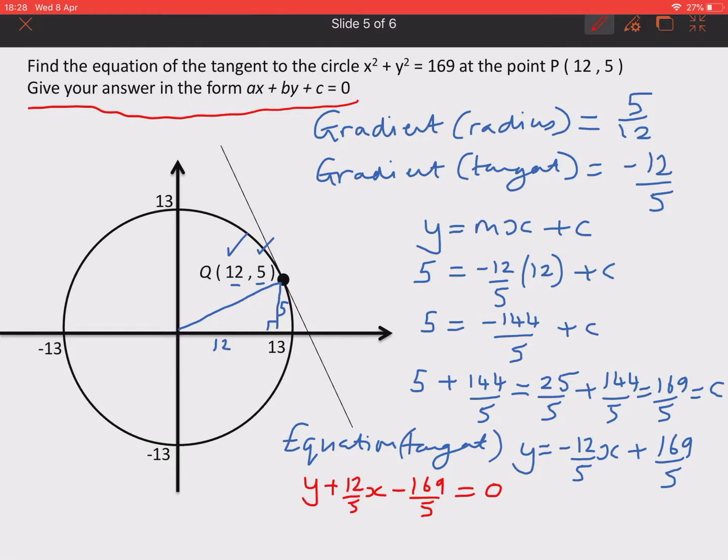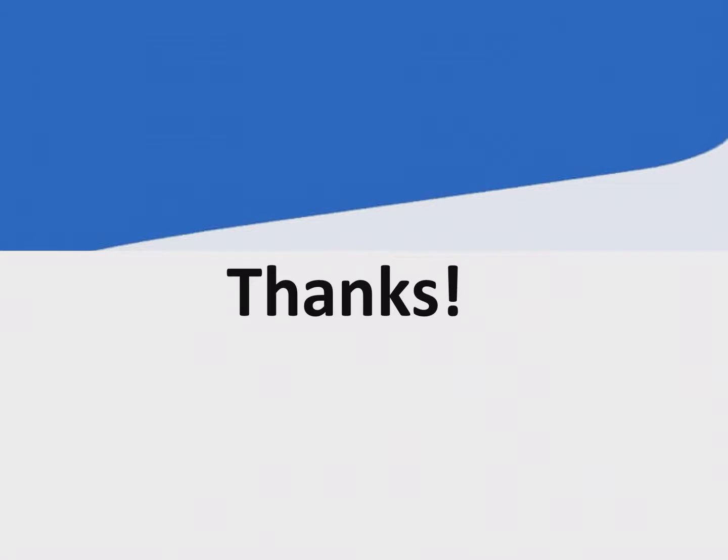And to make it in a nicer form, I would multiply through by 5 so that we clear the fractions and we've only got integers. So if I multiply through by 5, that will become 12x. I'd have to multiply y by 5 to get the 5y. Then it'll be take 169 equals 0. So I've got it into the form ax plus by plus c is 0, where a is 12, b is 5 and c is negative 169. Okay, thank you very much for watching.